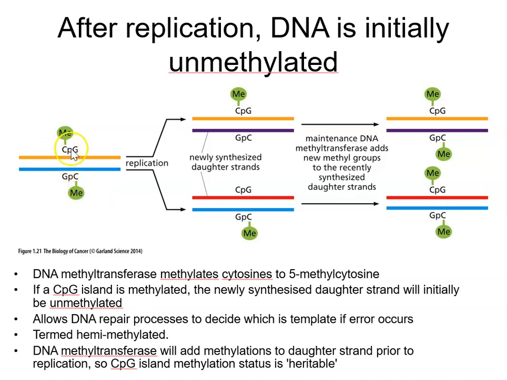So if that was CT, that would be an A, and you can't methylate an A. So you have to have CG so that both strands can be methylated. The methylation opposite the G, which follows the methylated C, if you see what I mean. So that's why it needs to be a CpG island, a dinucleotide sequence that is methylated. This means that the CpG status can be heritable.